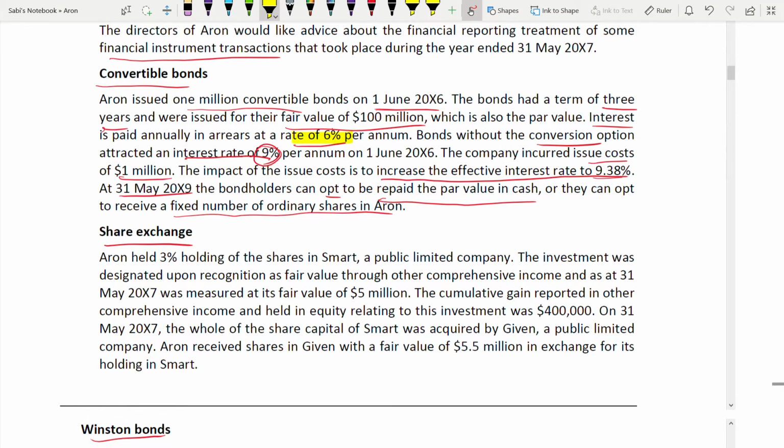That 9% interest rate which is given without the conversion is for discounting purpose. This 6% is to find the interest. Understand the reasons why there are two different interest rates. And this 9.38% is for the issue cost and all. We'll come to that after conversion. We didn't convert yet. Now we are in the bond part, working on the liability. We don't need that 9.38% at the moment.